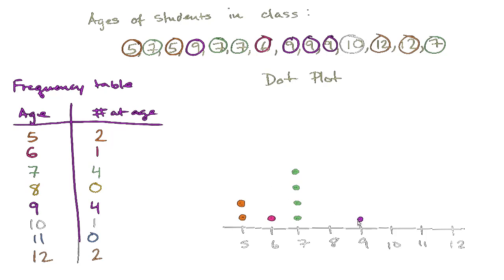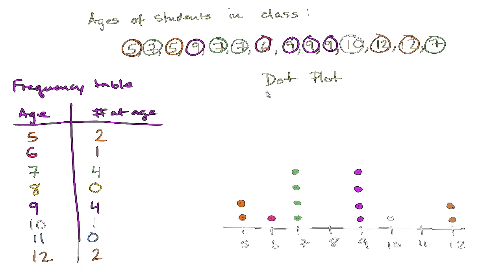So 1, 2, 3, and 4. There's 1 10-year-old. So let's put 1 dot right over there. There's no 11-year-old, so I'm not going to put any dots there. And then there's 2 12-year-olds. So 1 12-year-old and another 12-year-old. So there you go. We have frequency table, dot plot, list of numbers. These are all showing the same data, just in different ways.